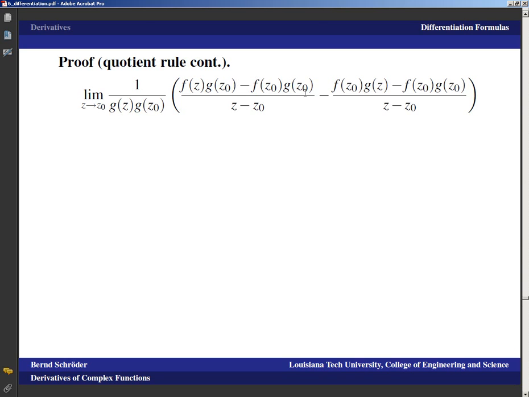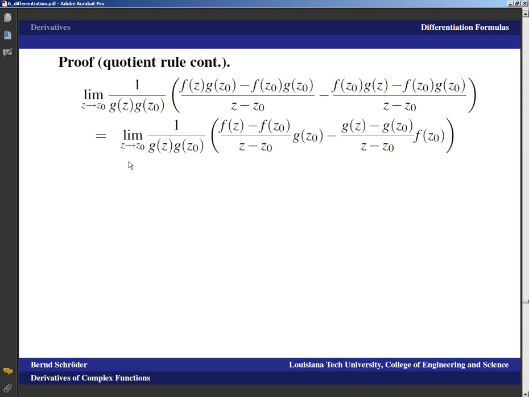We can factor out g of z0 here, we can factor out f of z0 here, and that's what we're doing. So this is the limit as z goes to z0, 1 over g of z, g of z0, f of z minus f of z0 divided by z minus z0, minus g of z minus g of z0 divided by z minus z0, f of z0, and now we can take the limit, and so this is 1 over g of z0 squared because of continuity.